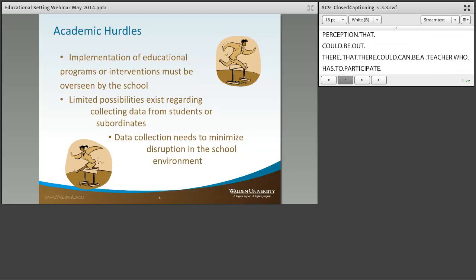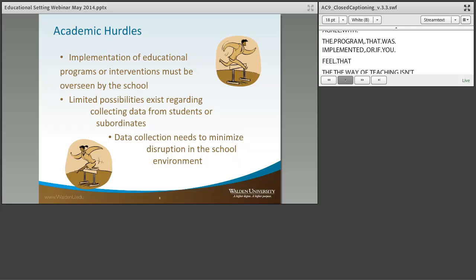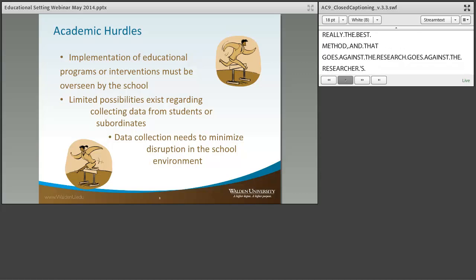And on the flip side too, if you're providing data to somebody that is considered your superior, it can be very difficult to give truly honest answers when they know what you're saying. If you don't really agree with the program that was implemented, or if you feel that a way of teaching isn't really the best method, and that goes against the researchers' opinions, it can be difficult to share those honest opinions for fear that it could impact their ability to retain their job or to keep the position that they have.